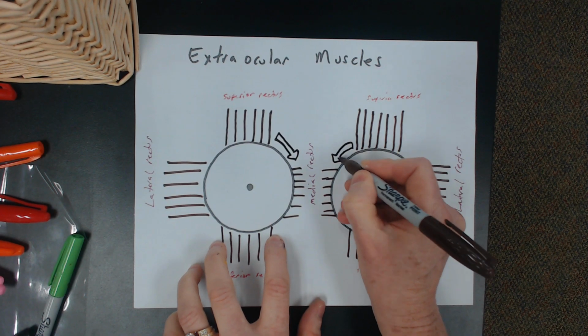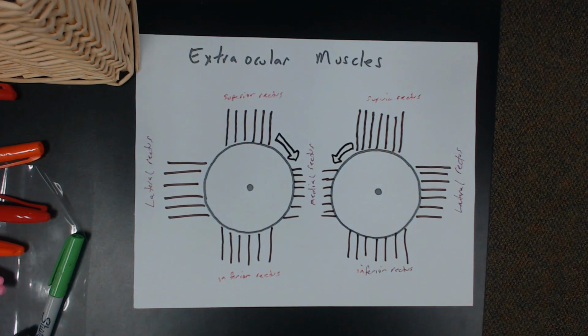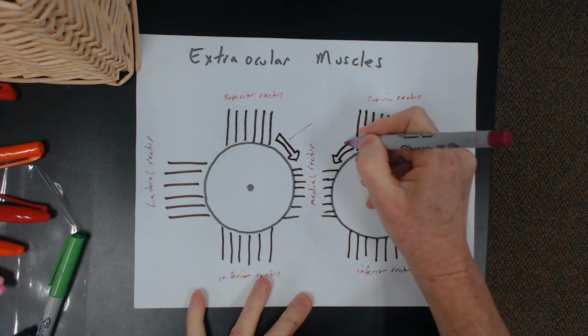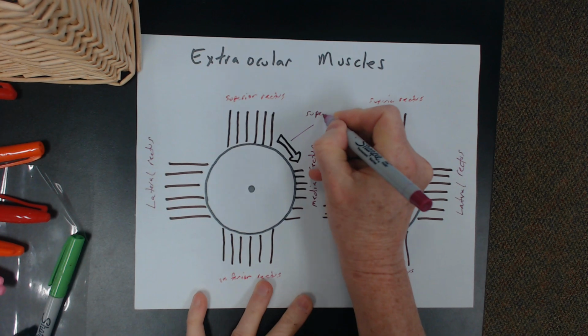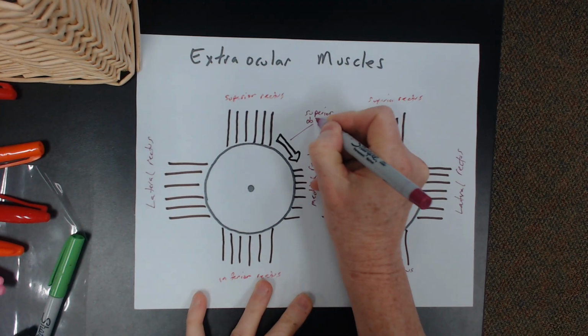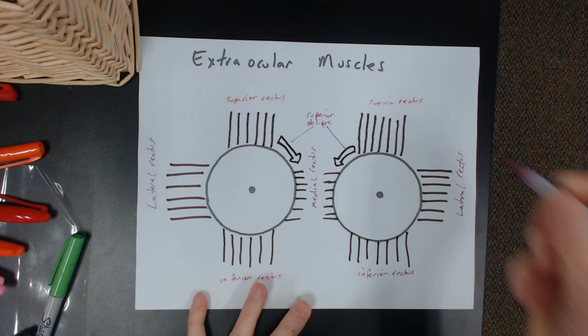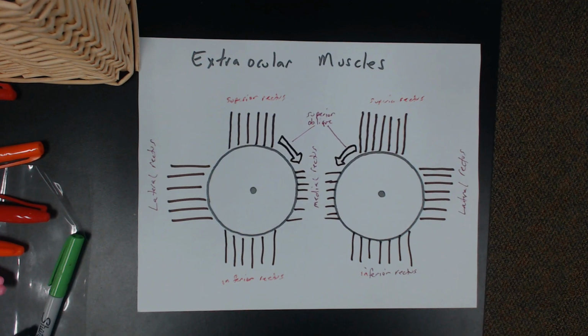It's like if you were going down the stairwell and you had to look down to see where the next step is, that muscle's bringing your eyes down and in so you can see that. And that's going to be your superior oblique. I'll indicate both. Those are your superior oblique muscles.